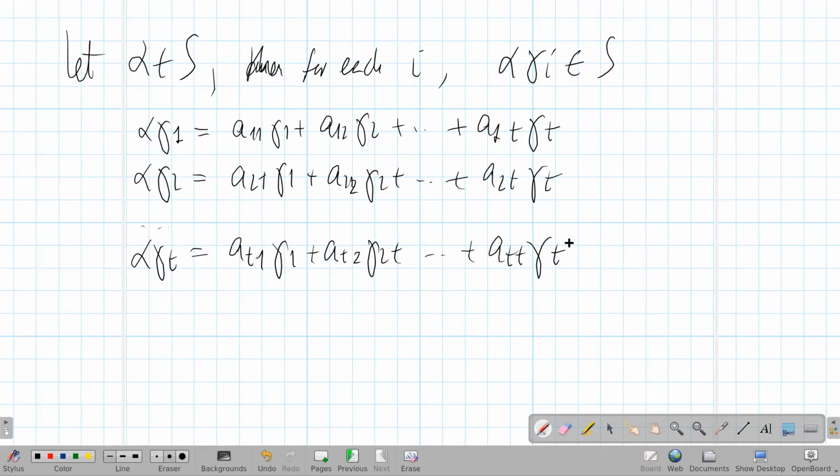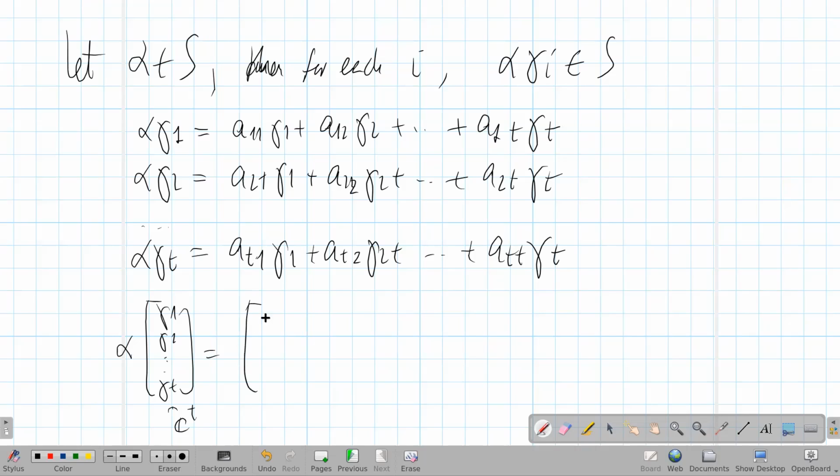But then look, let's write this in vector form, okay? So this here is alpha, which multiplies this vector. This we can do because we are in the complex numbers, so these are vectors in C to the t, column vectors. And what do you have here? Well, look, you recognize matrix multiplication here.